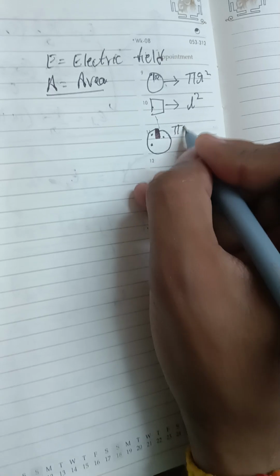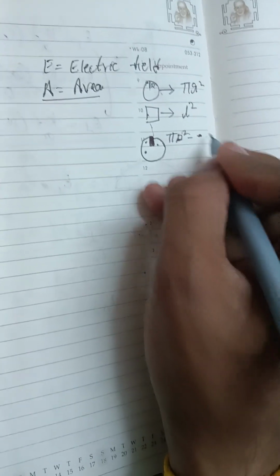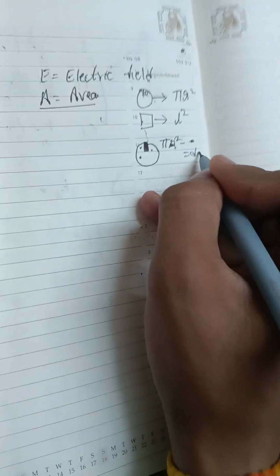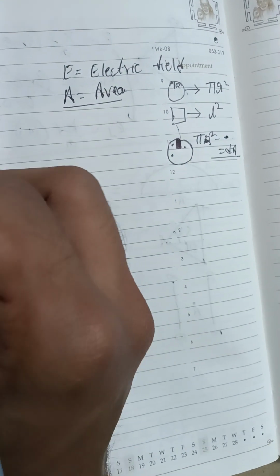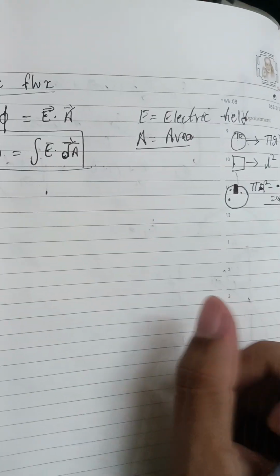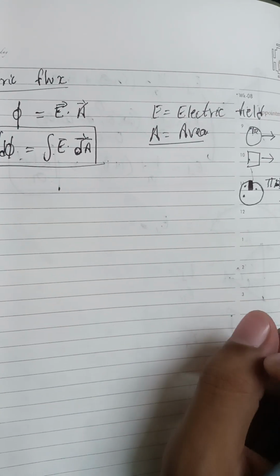It is pi r square minus something, that is dA. So we have to take dA and its integration. This is the formula. E dot dA.